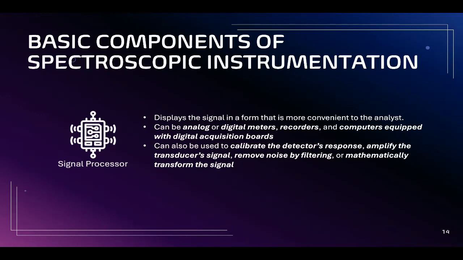It displays the signal in a form that is more convenient to the analyst. Signal processors can be analog or digital meters, recorders, and computers equipped with digital acquisition boards. It can also be used to calibrate the detector's response, amplify the transducer signal, remove noise by filtering, or mathematically transform the signal.